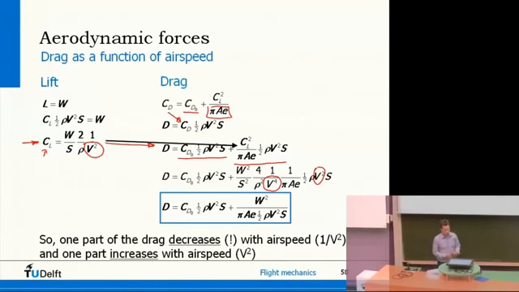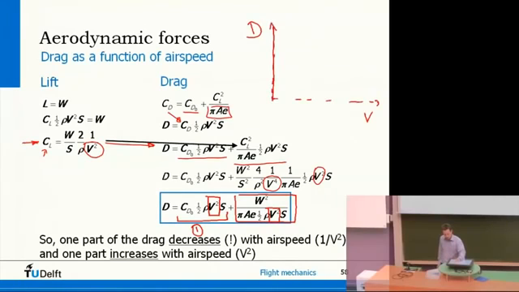And what you have to see is that there's one part here on the left which depends on V squared, and there's one part here on the right which depends on 1 over V squared. So if I take the left-hand side, let's call that number 1, and I plot drag as a function of airspeed, then curve number 1 looks more or less like this.